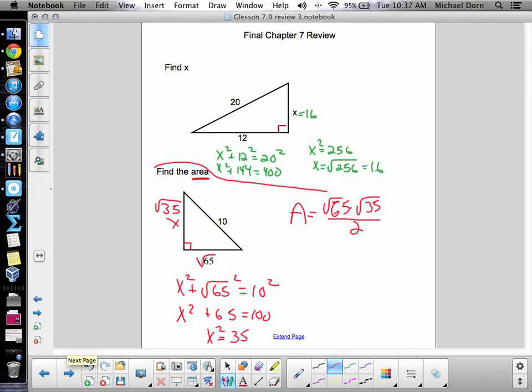And if we wanted to be precise, I suppose I could multiply 65 times 35. 2275. Which would be 5 root 91 over 2.